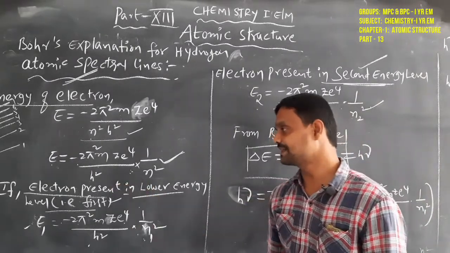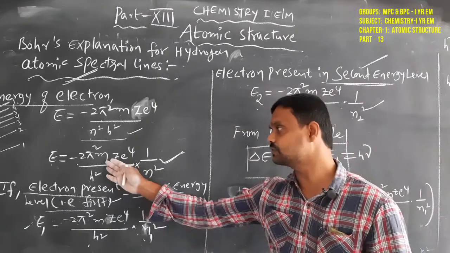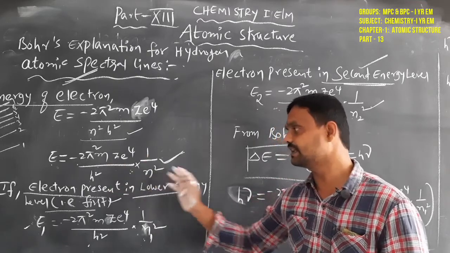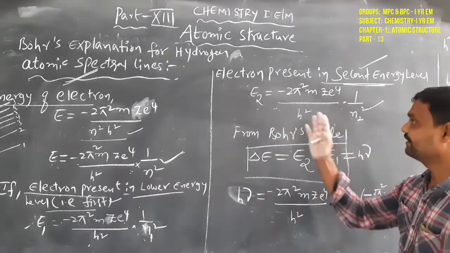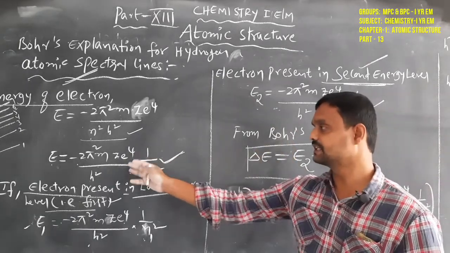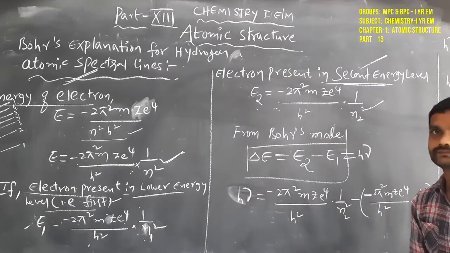So if the electron is present in the lower energy level, the first energy level, E1 is equal to minus 2 pi square m Z e power 4 by h square into 1 by n1 square. If it is present in the second energy level, E2 is minus 2 pi square m Z e power 4 by h square into 1 by n2 square.